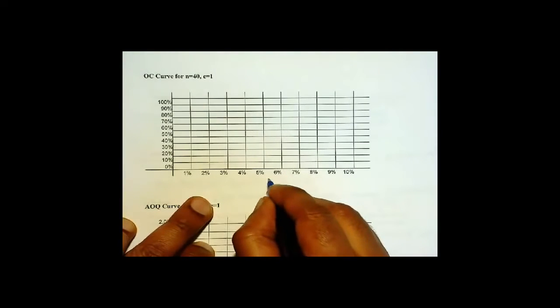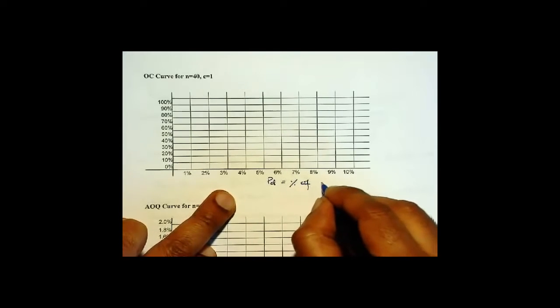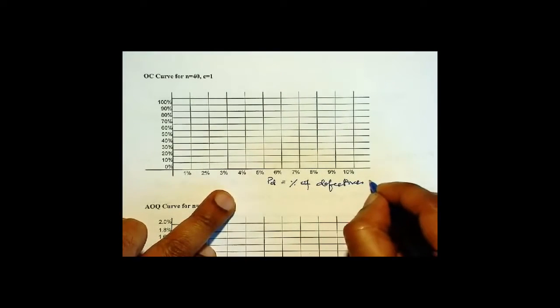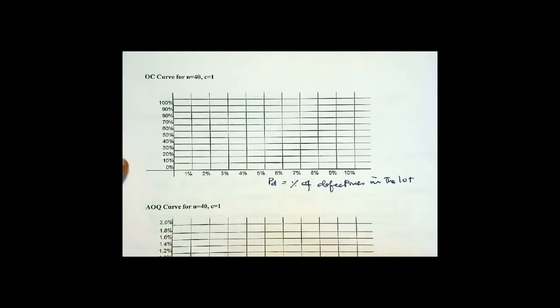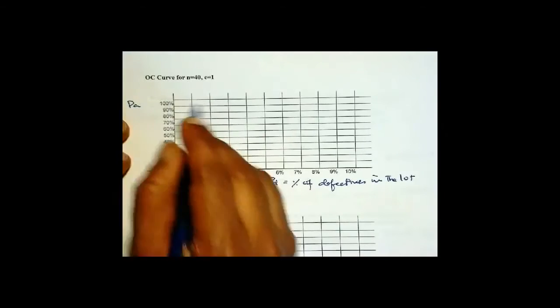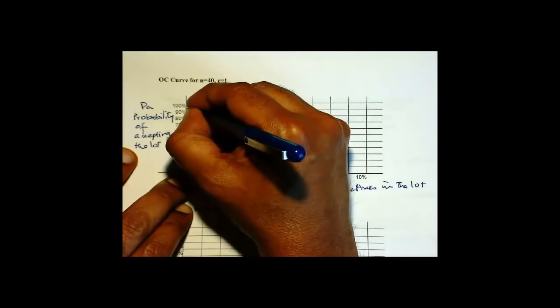Remember, this is P sub d on the x-axis, that is equal to percentage of defectives in the lot, and this is P sub a, probability of accepting the lot. So at 0 it will be 100%. So that's the starting point.